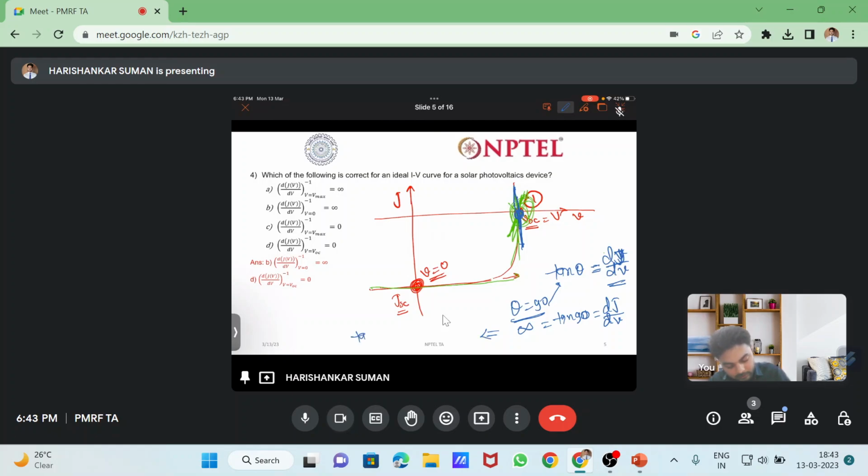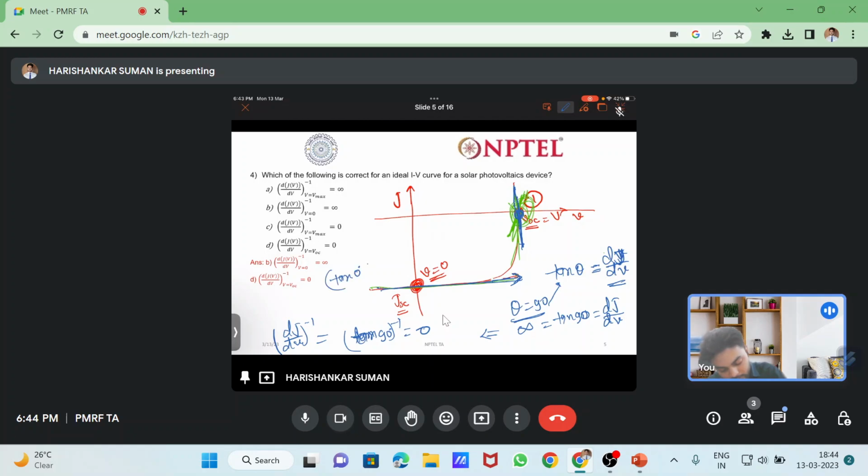0. Are you able to understand now? Yes. So we have to think like that here. We have to calculate the slope in both cases. Here the slope is 0, so tan 0 is the first case.